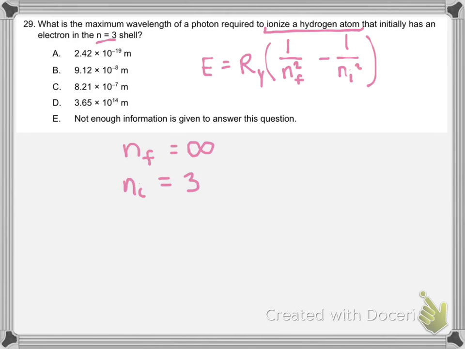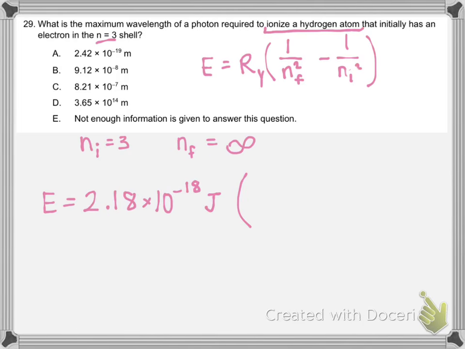So we can say that the energy associated with this transition is equal to Ry, which is 2.18 times 10 to the negative 18th joules. Oh shoot, I'm going to run out of room. Sorry. 1 second.